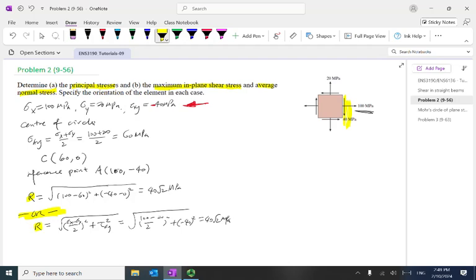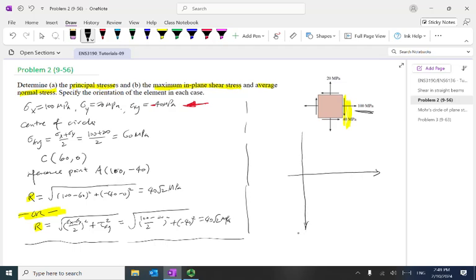After you know the center of the circle, the reference point, and the radius of the circle, you can draw the Mohr circle. So now we draw the Mohr circle this way. Sigma goes from left to right, and the vertical axis is tau xy. You can write this down by yourself.